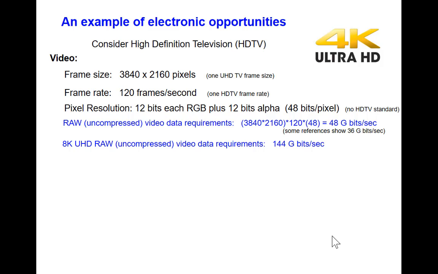I might not have this alpha right. I'm not sure exactly what it is, but let's not worry about the difference between 36 and 48. And if you go to 8K, which is just coming online, it's 144 gigabits per second.